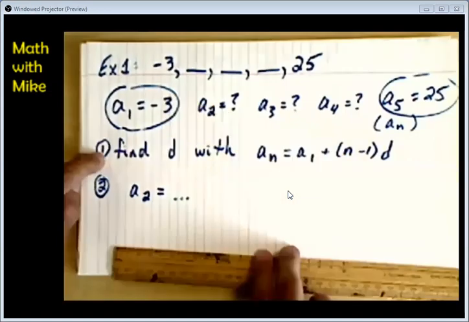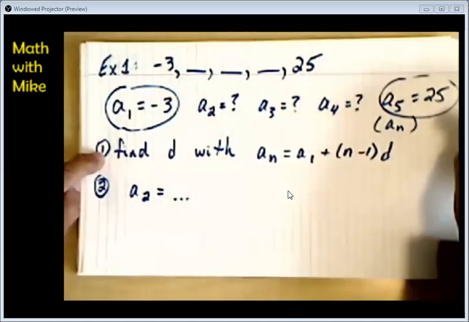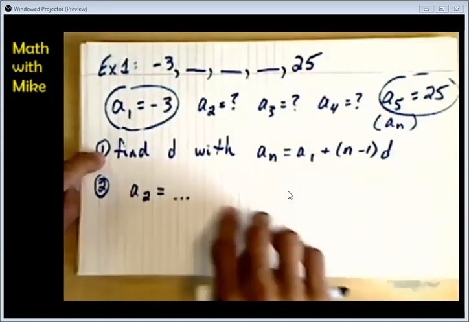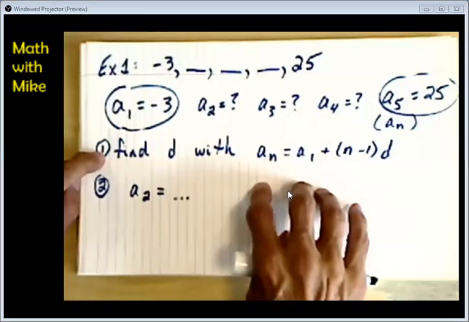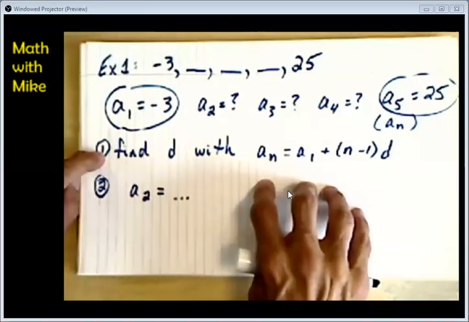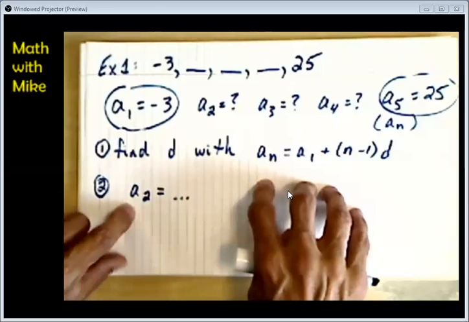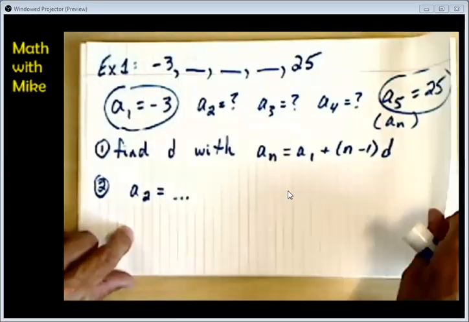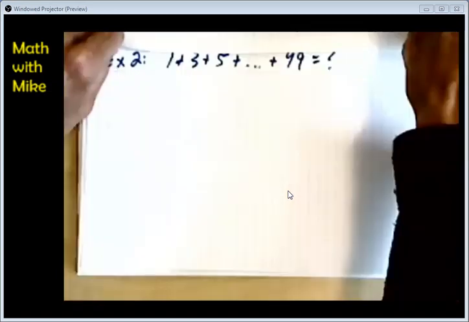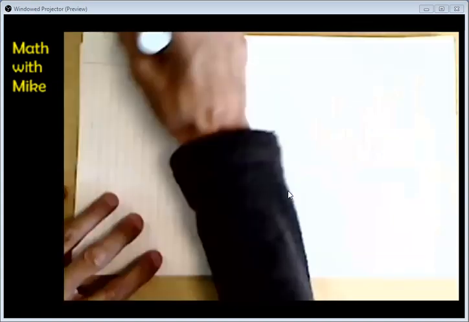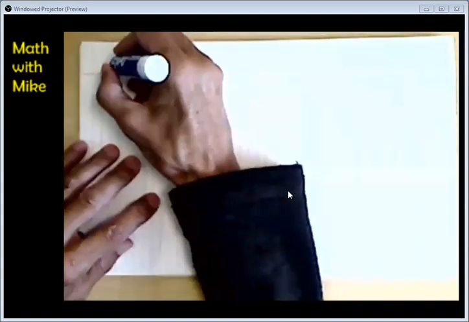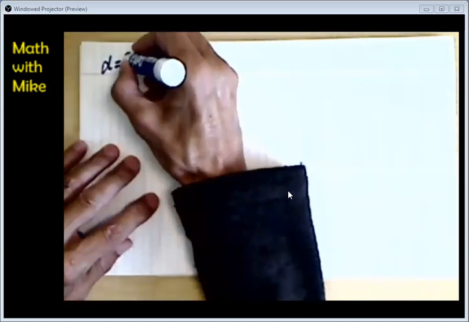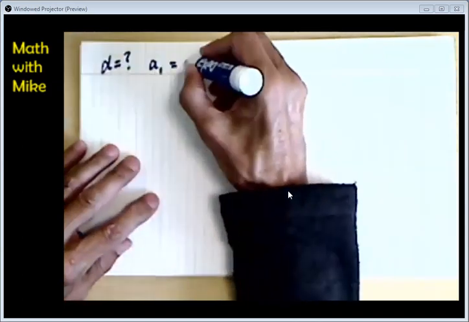Once we recognize that, here are 2 steps. You find what D is. That allows you to create a general term, a general formula. And then you can find each of the missing blanks afterwards. So to find the D value, we know that A1 is equal to -3.